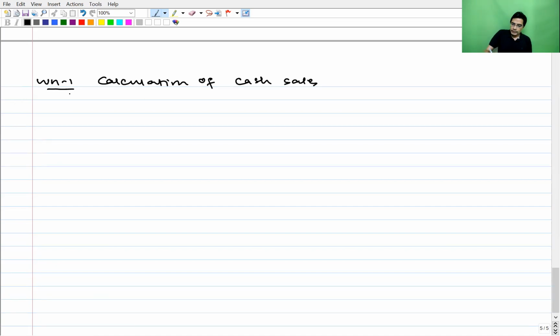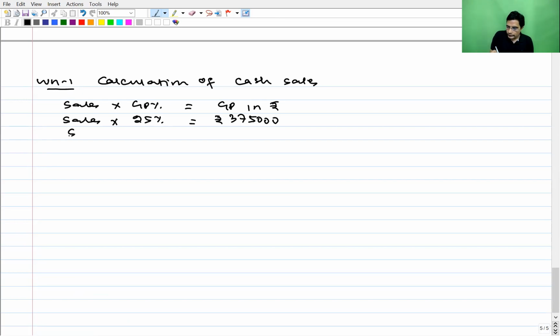We all know that if we multiply sales by the GP percentage, we'll get GP in rupees. The question has given us the GP percentage, and the question has given us GP in rupees. We'll put these two in the equation, and we can derive the amount of sales made during the year.